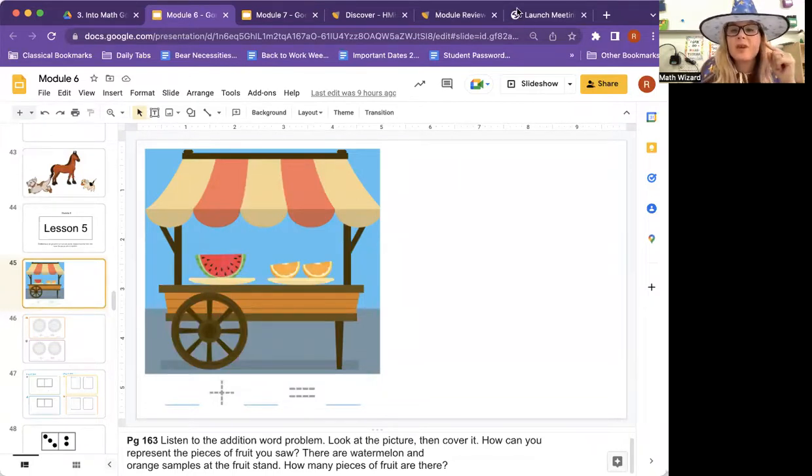How many pieces of fruit are there? Let's look. How many watermelon? 1. And, or plus, how many oranges? 2 equals, how many fruit are there? Closed our eyes and we counted, there were 3 pieces. All right, nice job. Okay, let's go on.